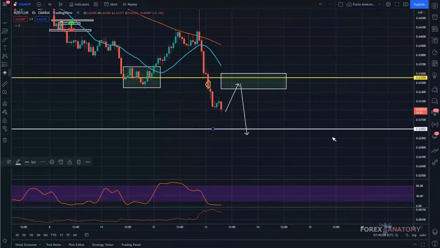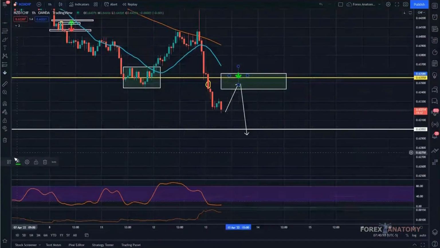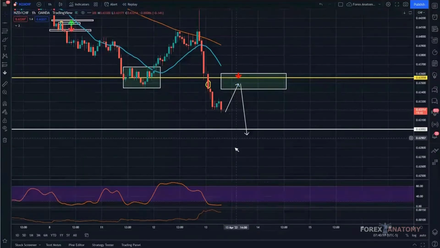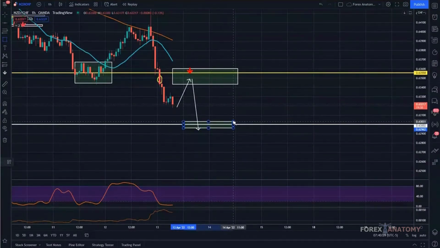So if we do see price retrace to the upside, then we can definitely look for a sell somewhere within this zone. Right here, we'll look to sell, and a potential target area could be somewhere within this area. Let me just draw out this zone right here. Let's just say a potential target could be somewhere around there.